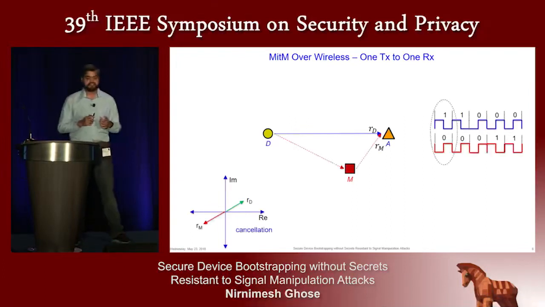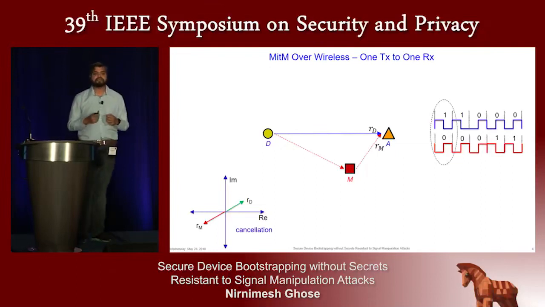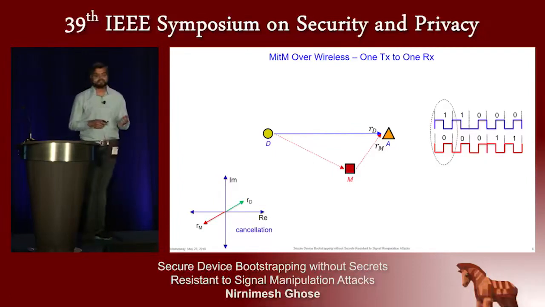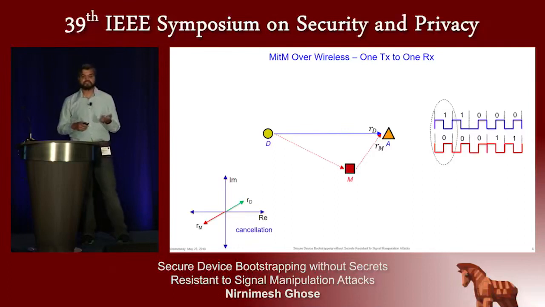So now for the adversary to change RD to RM, it will have to annihilate energy from the wireless channel to flip a bit from 0 to 1 or 1 to 0. And this can be done if M injects a signal such that RM is of opposite phase of RD.